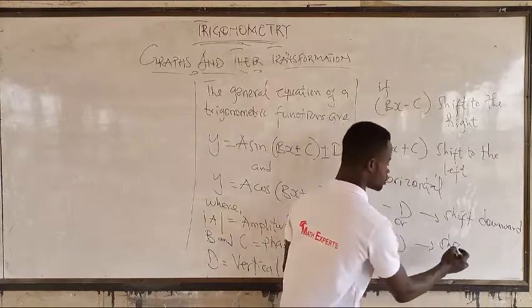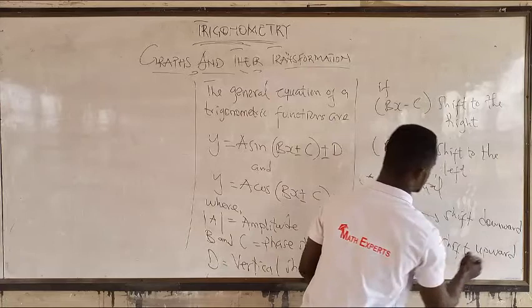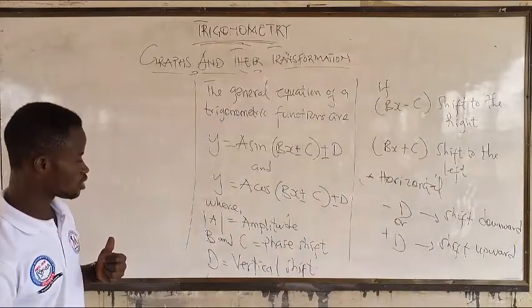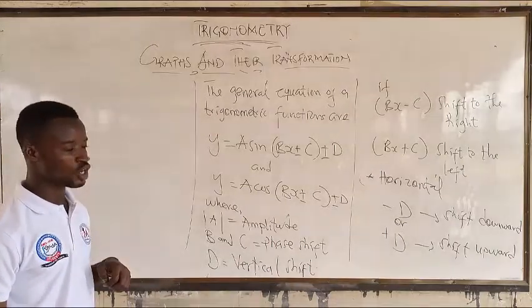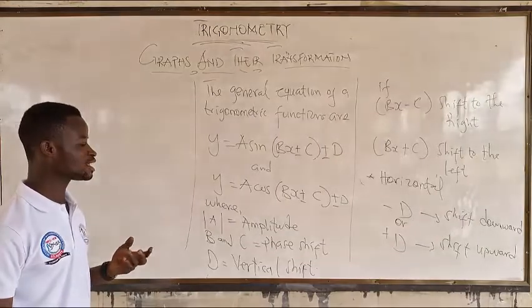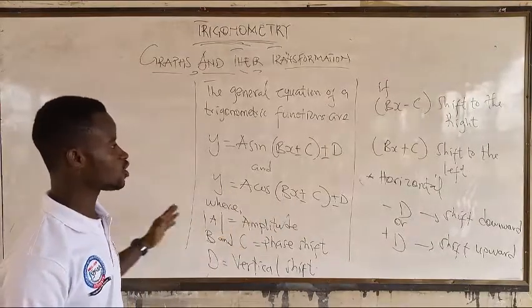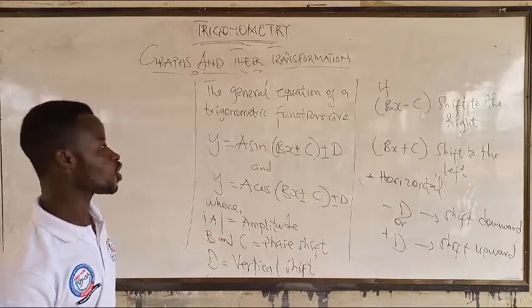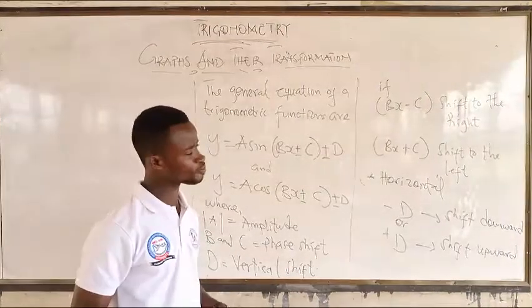Make sure you take your notes well. So we have an upward vertical shift and a downward vertical shift. And for the phase shift, that one is horizontal, whether shifting to the left or to the right. I hope that is clear. Very good.